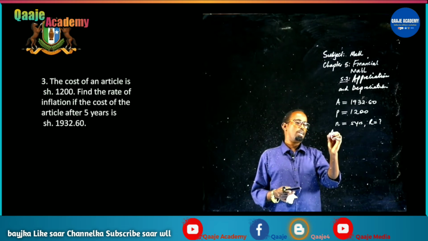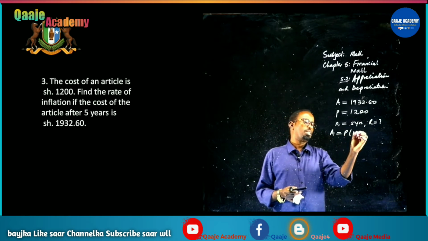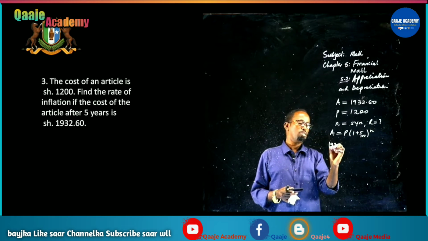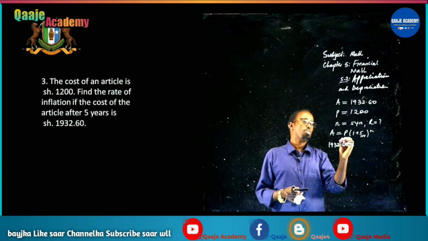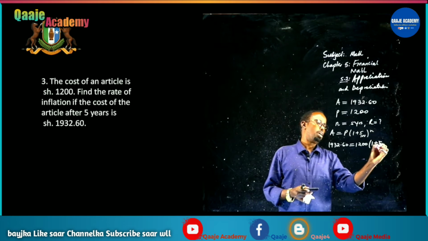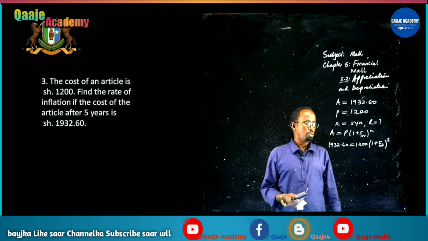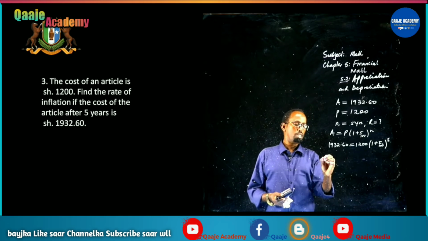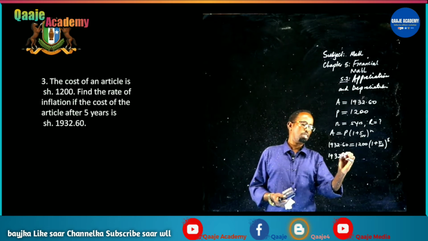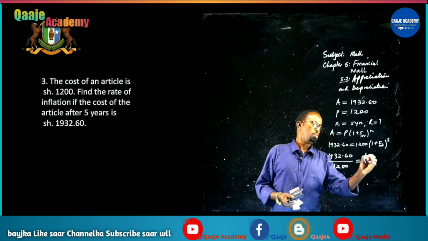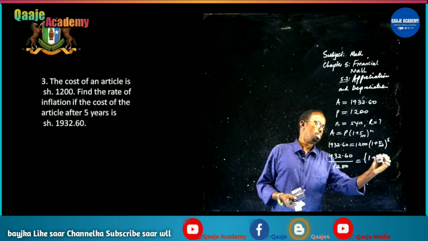So A is equal to P 1 plus R over 100 into bracket N. A, which is 1932.6, is equal to 1,200 bracket 1 plus R, we don't know R, into bracket N is 5 years. So what you do is you divide this one by this, you get 1932.6 divided by 1,200 is equal to 1 plus R over 100 into bracket 5.